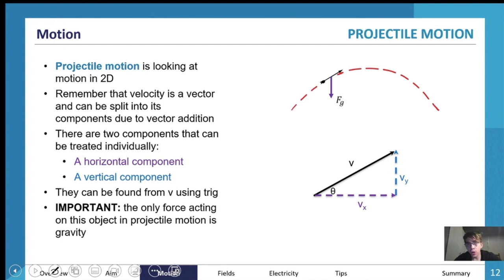Now, because there is a weight force acting on the object, and in VCE physics we ignore air resistance, in the vertical plane there is only one force acting on the object, it means the net force is equal to that force, right? So if an object is shot in the air like a projectile and there is weight force but we ignore air resistance according to the study design, it means that the net force acting on that object will equal the weight force.